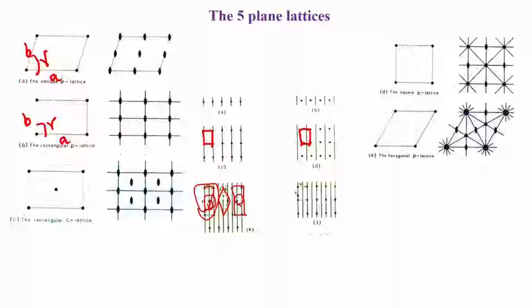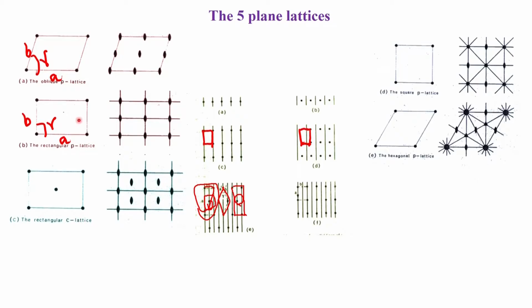So, the total number of lattice points, 1, 2, 3, 4 will define 1, and this will add an additional lattice point, and therefore, the number of lattice points is 2, and therefore, this becomes a rectangular C lattice. So, the occurrence of the rectangular C lattice is because of the presence of an additional lattice point. Since we have 2 lattice points here, this can be represented as a centered rectangular lattice, and so we have 2 types of plane lattices in a rectangular system.